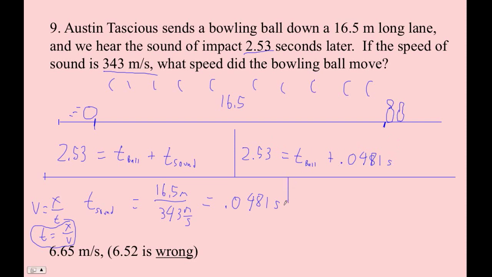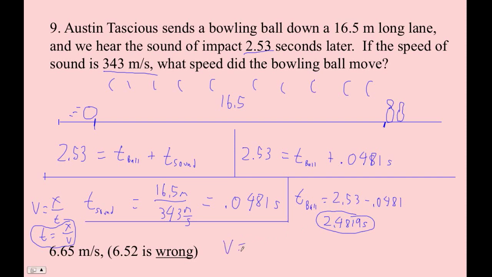Okay? Let's compartmentalize. So the time for the ball is going to be 2.53 minus 0.0481, and I get 2.4819. Okay, so now that's the time for the ball to get down there. We're almost there.